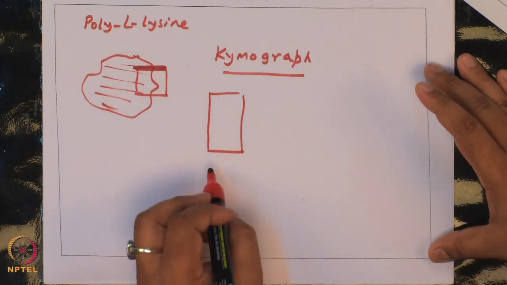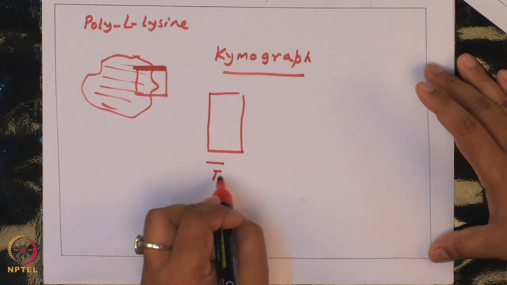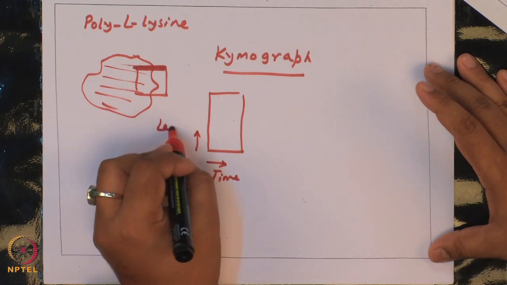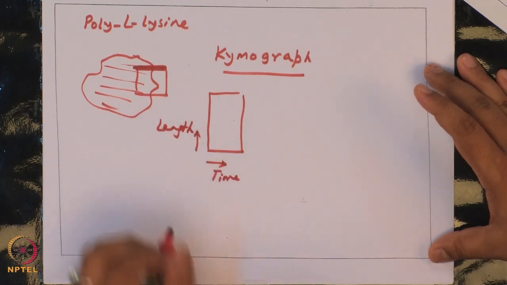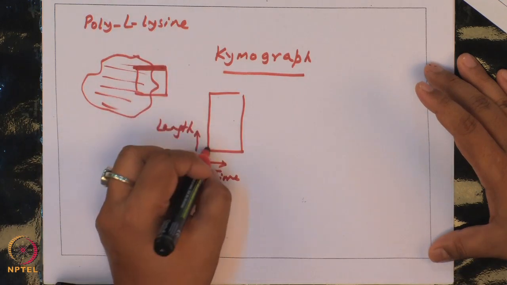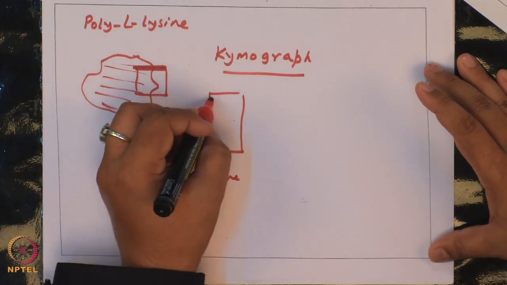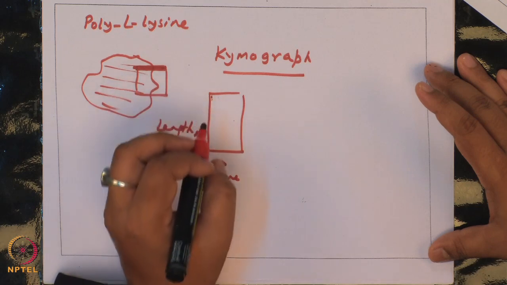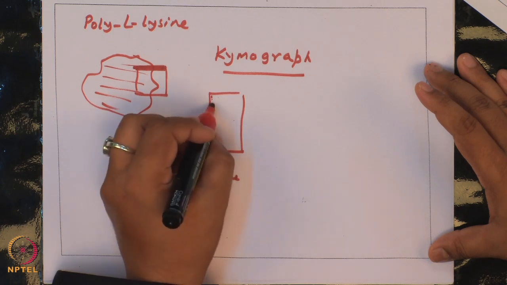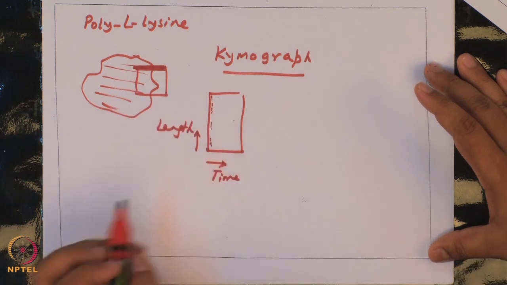Okay. So, you have the following thing, you have a time axis here and you have a length axis here. Okay. So, let us say at time t equal to 0, you had some distribution of the fluorescence signal. Okay. Let us say I draw it like this. Okay.